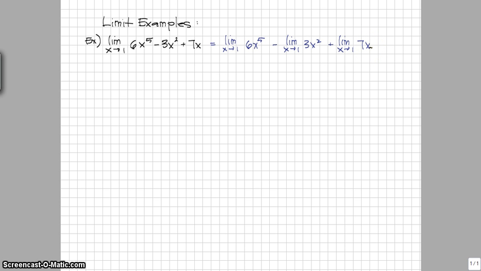And each of these terms inside the limit has a constant coefficient. We know that we're able to move those constant coefficients through limits, and as a result, we can write 6 times the limit as x approaches 1 of x to the 5th minus 3 times the limit as x approaches 1 of x squared plus 7 times the limit as x approaches 1 of x.